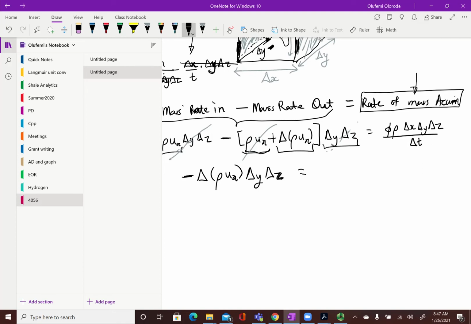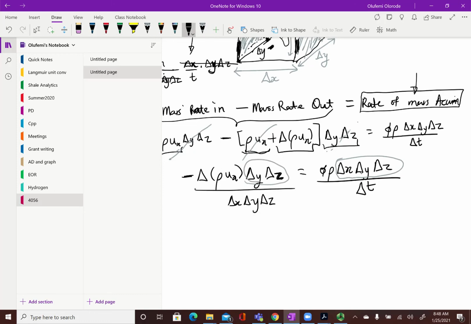And so if we move on, I'm just rewriting the right hand side again. And now we can divide both sides by bulk volume, right? And these two terms will go. So this is what you're going to have. You're dividing both sides by delta X, delta Y, delta Z. This gets cancelled out. Delta Y, delta Z gets cancelled out.